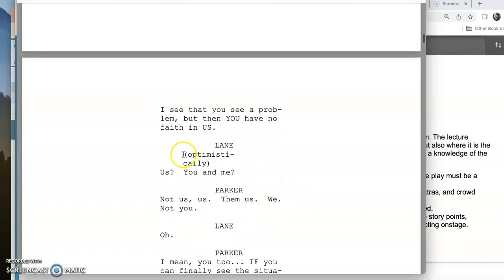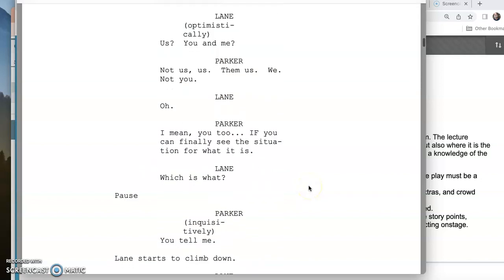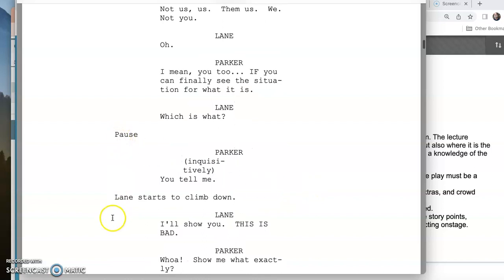Here we have a parenthetical, a quality being inserted, an emotional quality, optimistically, and then the dialogue, okay? Pauses, stage directions are just further left indented. They don't need to be in italics. They don't need to be bold. They don't need to have quotation marks around them.